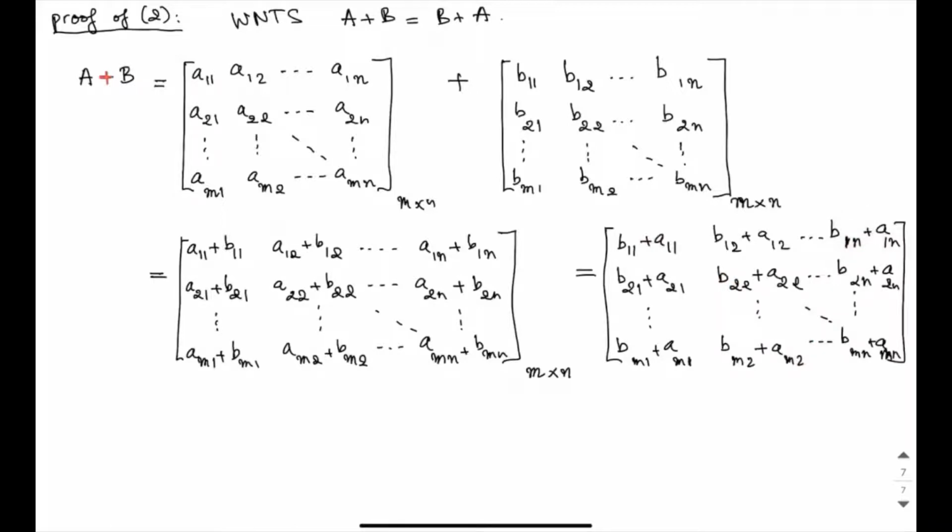Now, if you look at this, it turns out that this is the result of adding the matrix B with the matrix A. And so the matrix addition is really commutative, and that comes from the fact that the addition of real numbers is commutative. So now you have seen that proving the properties of matrices is not hard.